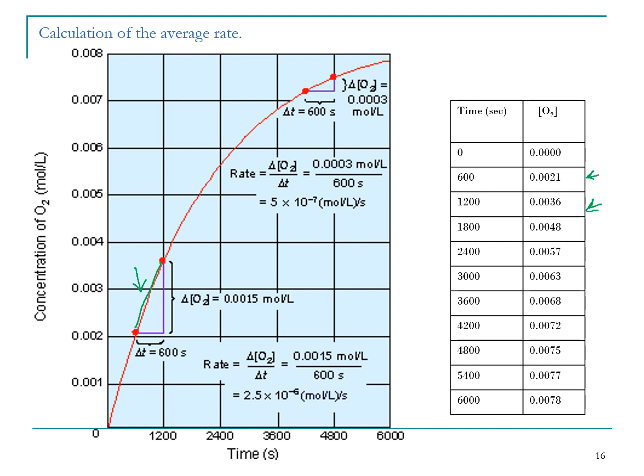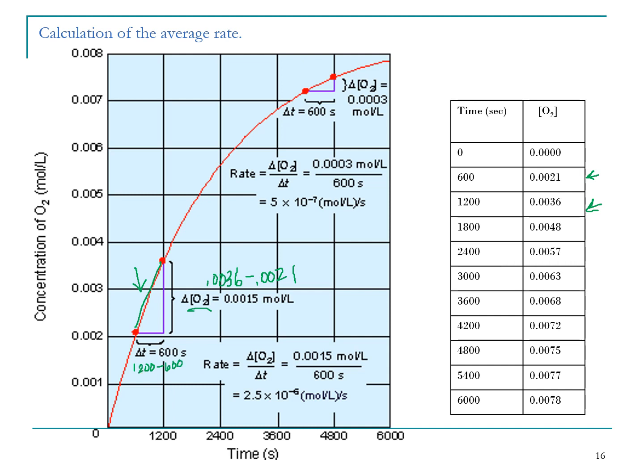So at 600 seconds and at 1200 seconds, the change in concentration is 0.0036 minus 0.0021, which is 0.0015. And the change in time is 1200 minus 600, so 600 seconds.